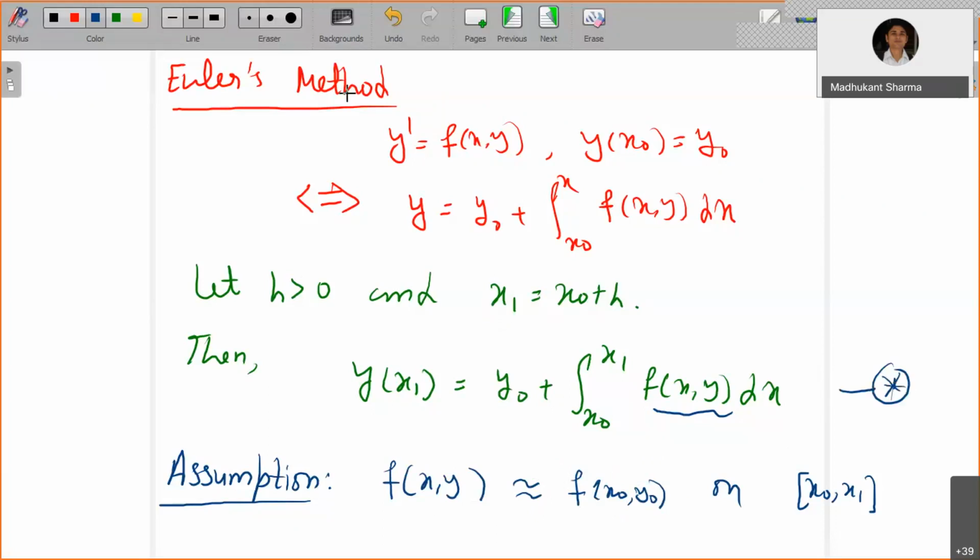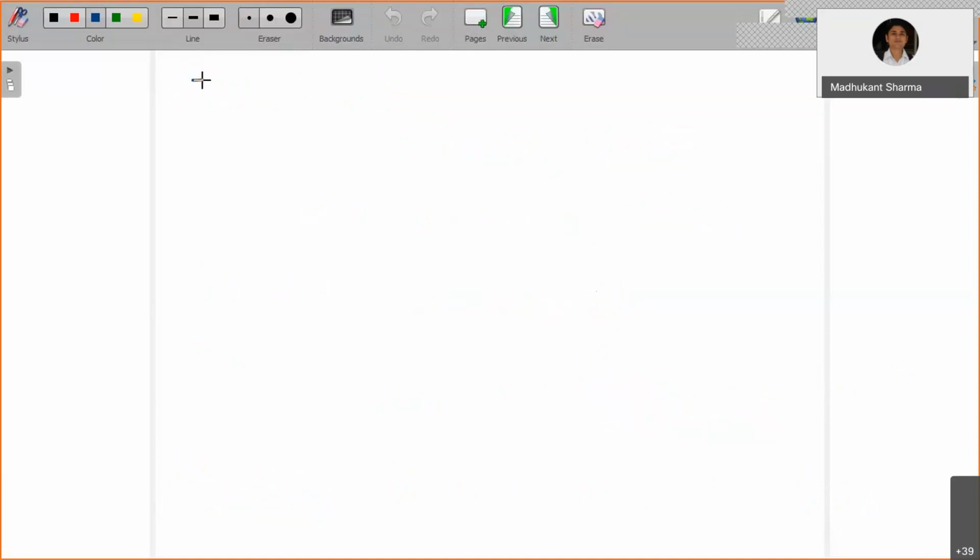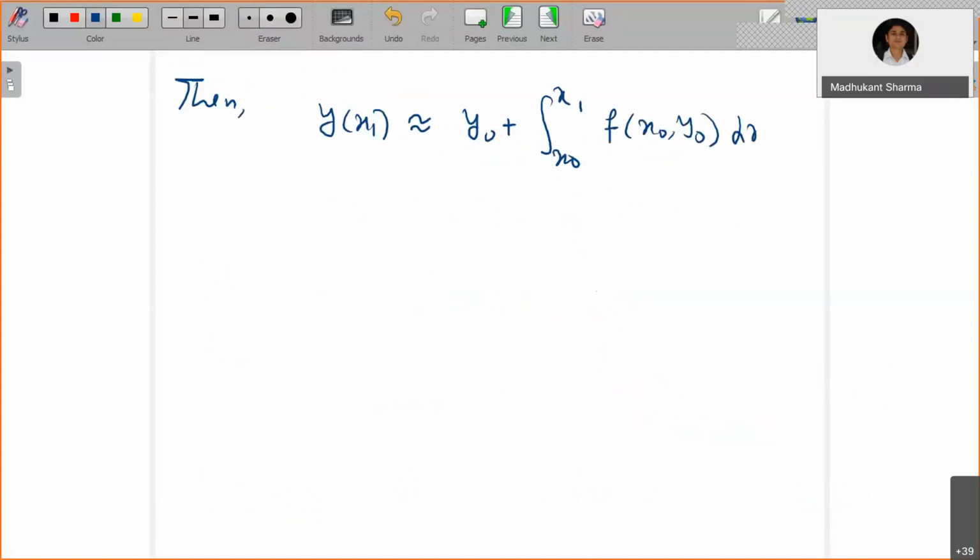What the star is, then, y at x1 is approximately y0 plus the integration from x0 to x1 of f of x0 comma y0 dx.